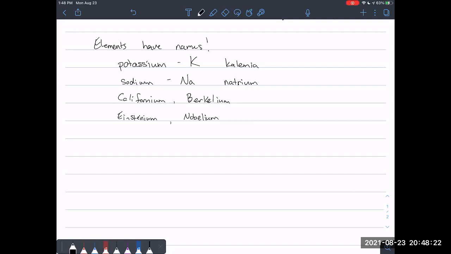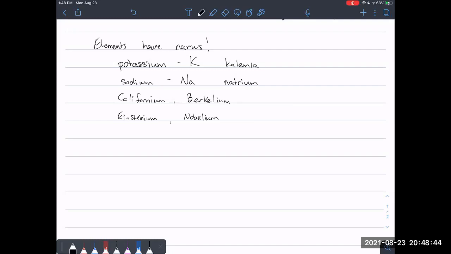I'm going to make an assumption it's for Nobel Peace Prizes. No, it's actually not that. The Nobel Prize was something that he started, but it's not what he's known for. He's known for creating TNT, dynamite.